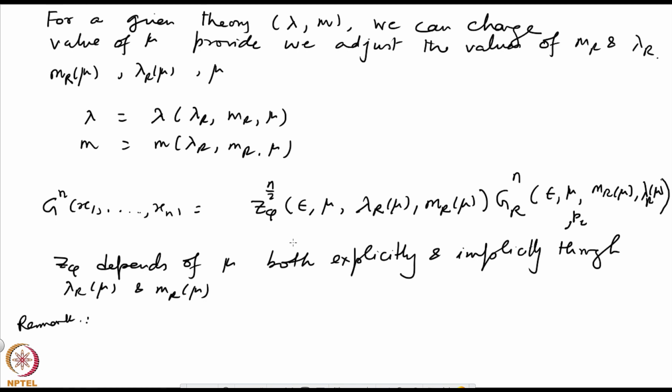But it is true that this statement is even true to all orders. No matter at what order in lambda R you are, the dependence on mu will be only through lambda. And also mR will not appear in Z phi. So this is an all order statement. I am not giving you the argument for it, but I am just stating the result.